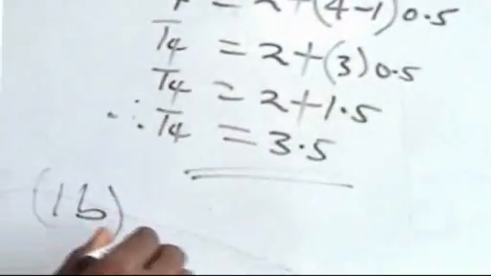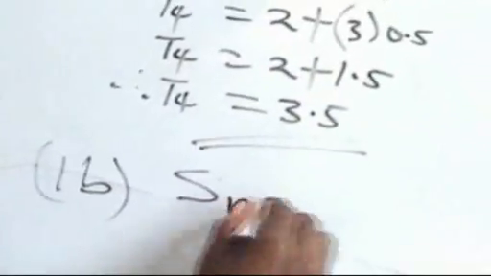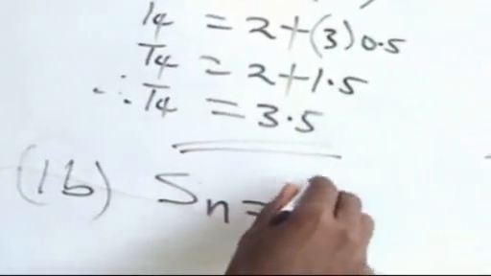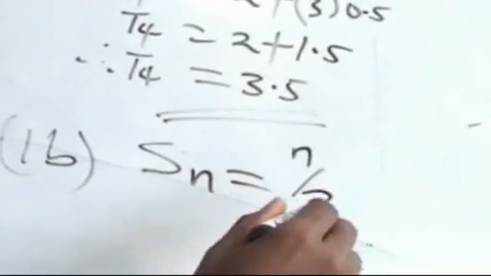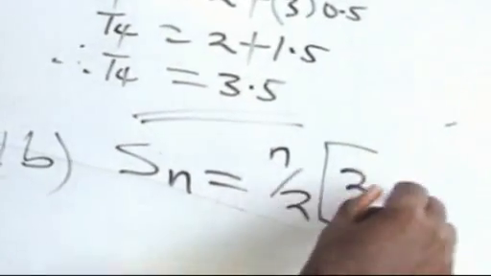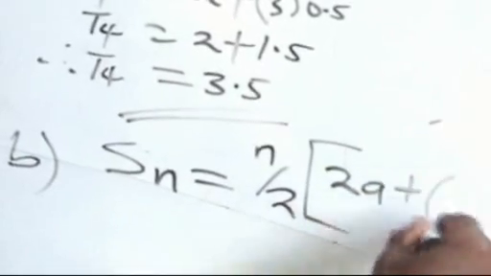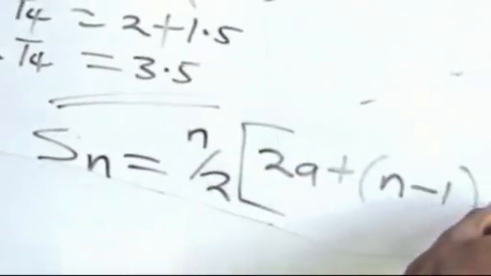So the formula we are going to use to find the sum is Sn is equal to n divided by 2 into 2a plus n minus 1 multiplied by d.